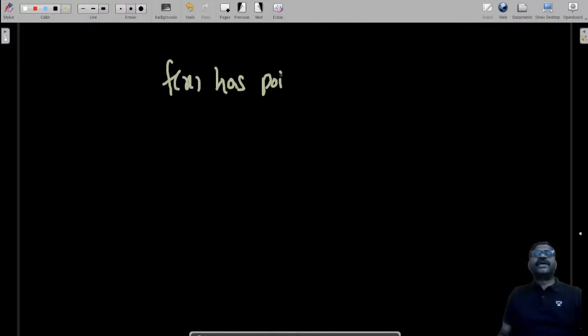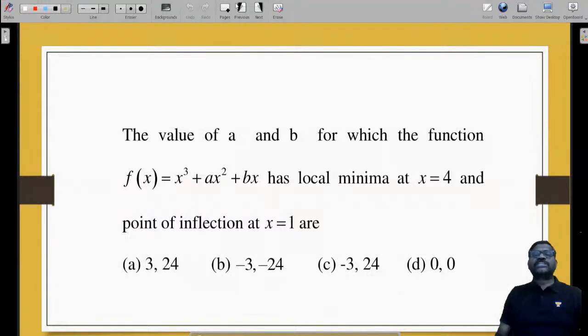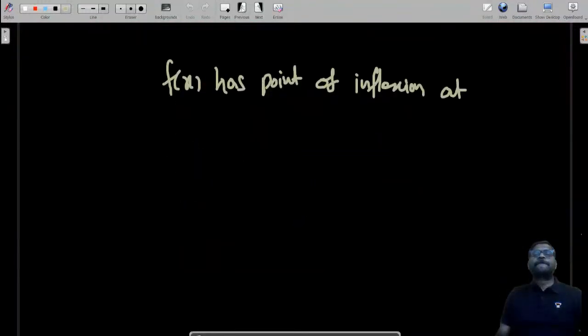f of x has point of inflection at x equal to 1.